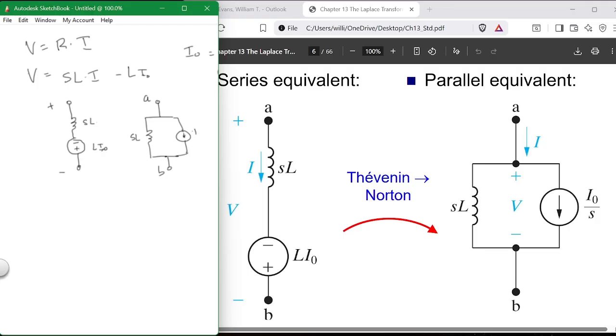This current supply is I0 over S. So if you have an inductor and there is an I0, you have to use this or this. If there is no I0, you just use this or this. Everybody get that? That's all this is.